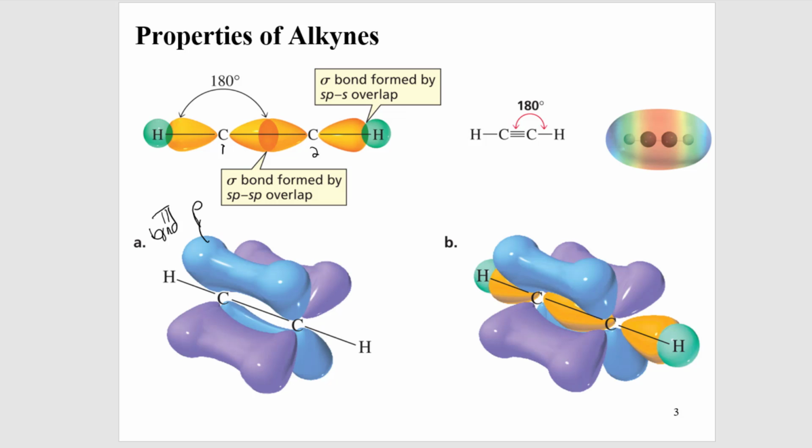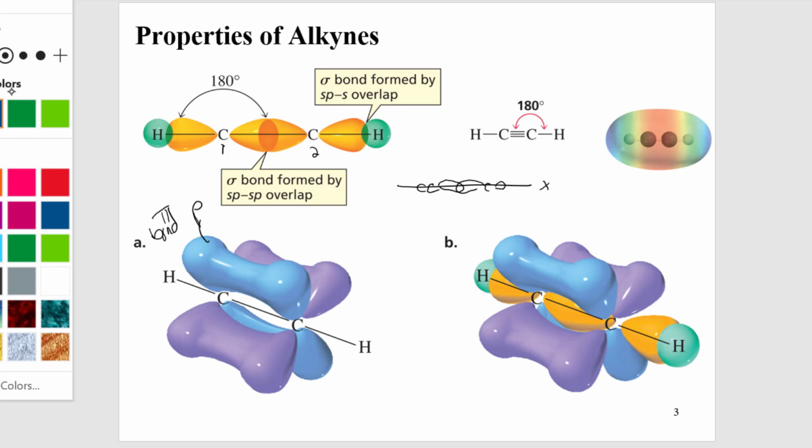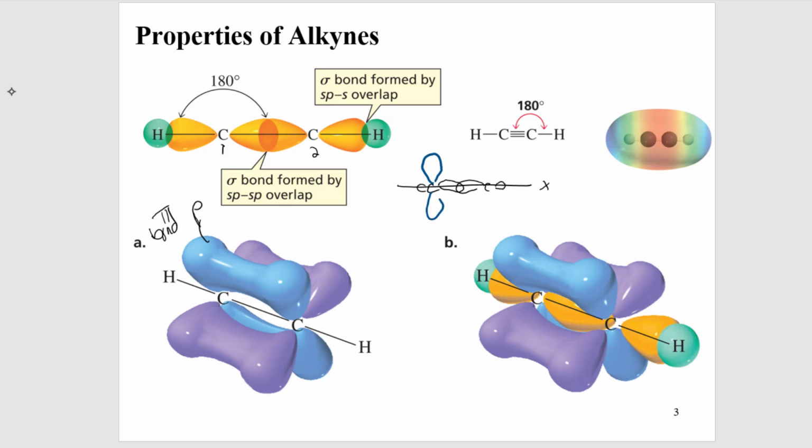So the second pi bond has to be in the other trajectory. Just remember, we're using the x trajectory, carbon-carbon, to overlay our sigma bond. And then the first pi bond is made, we'll say, in the y trajectory.